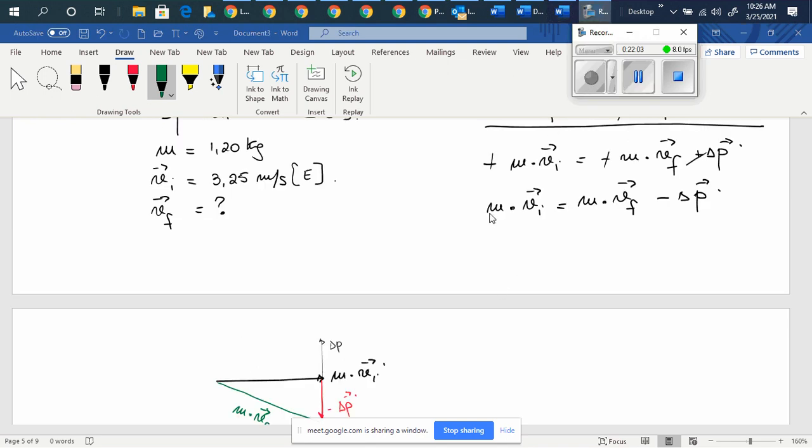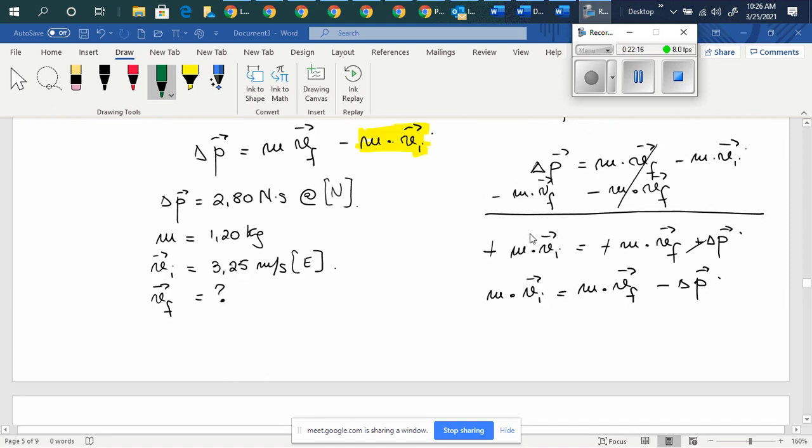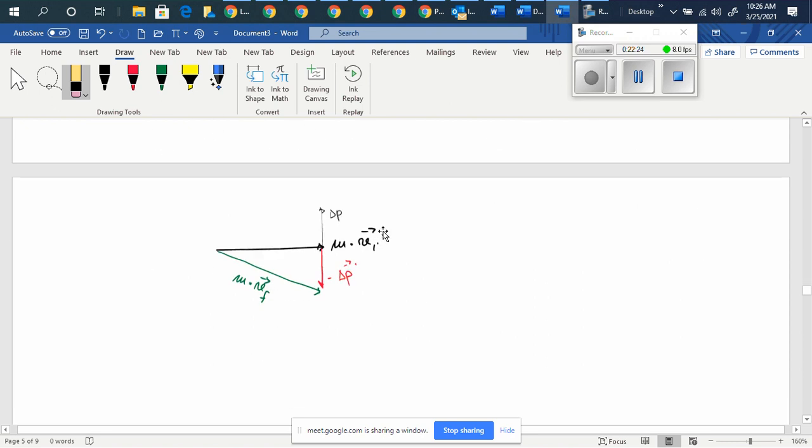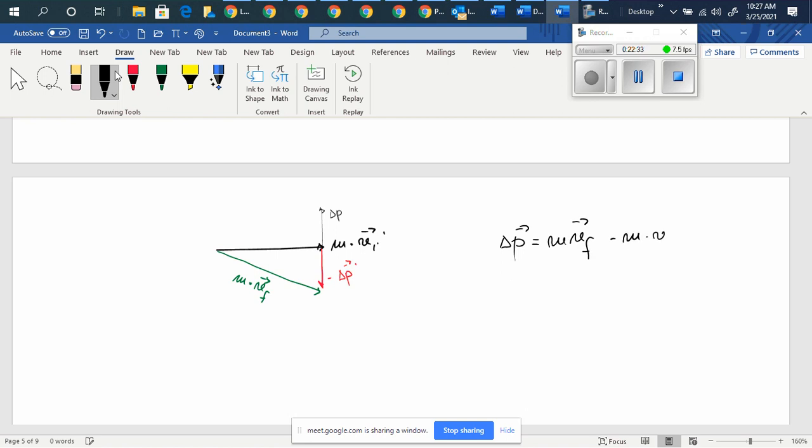My bad, we are looking for final velocity. So we do know what is the initial velocity. So the calculations here will be a bit different. So correction here, we will have delta P is equal to mass times final velocity minus mass times initial velocity.